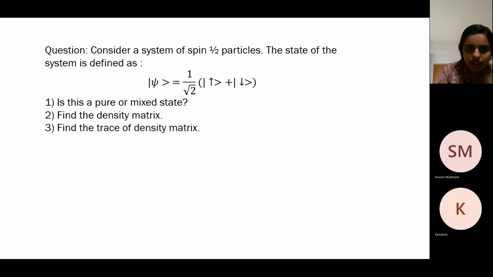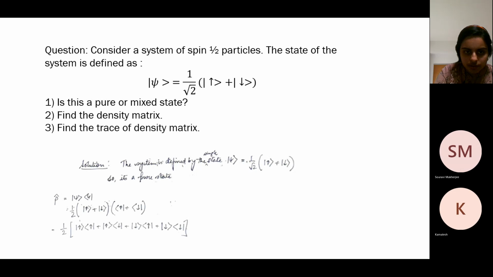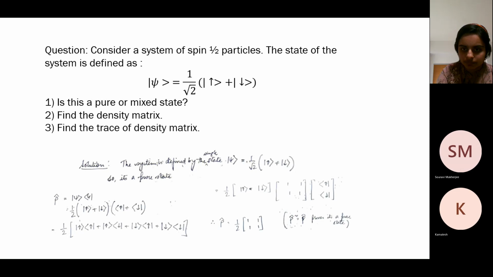Then you got something like this, right? What you can do is write this in the form of a product: this is your column matrix of the two basis vectors, this is the row matrix, and then the one that you have inside.